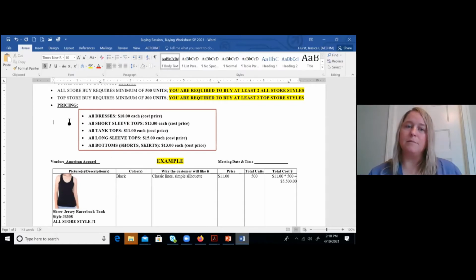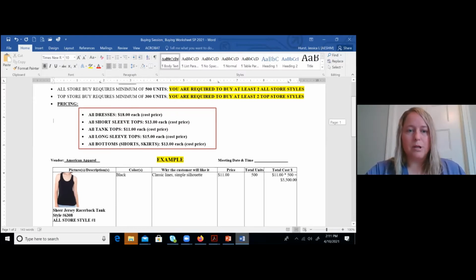And oftentimes, for American Apparel, for example, they have a cost price for black and white, a different cost price structure for black and white, and then anything that's a color is yet another price. And so again, those color waves come into play, but for our purposes for these calculations, we're not going to worry about that.